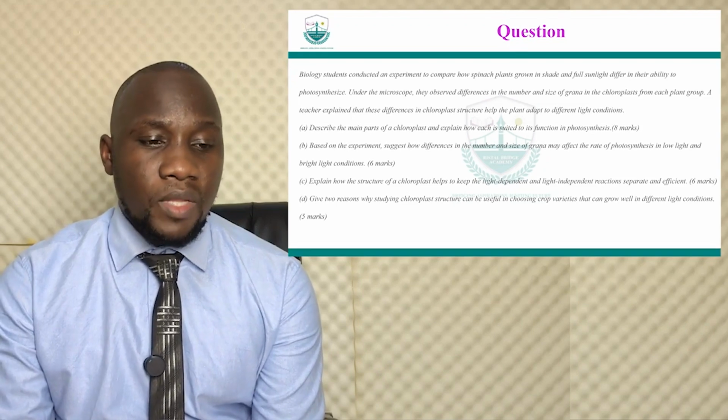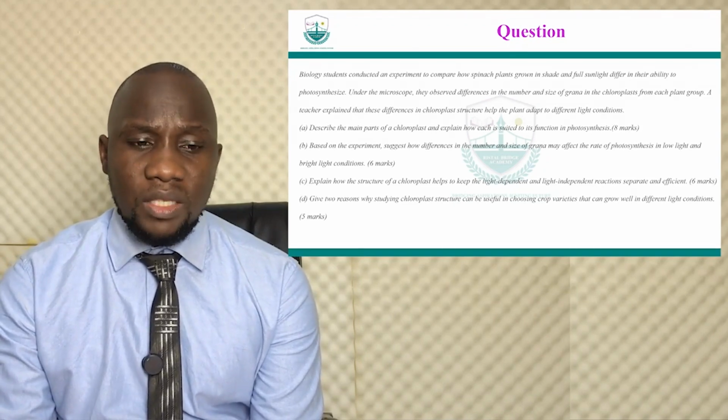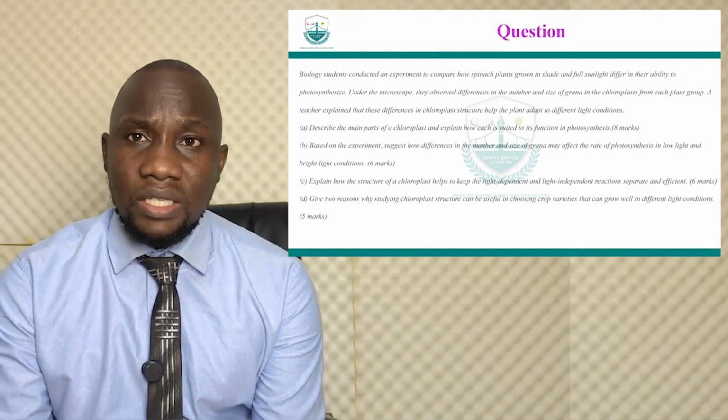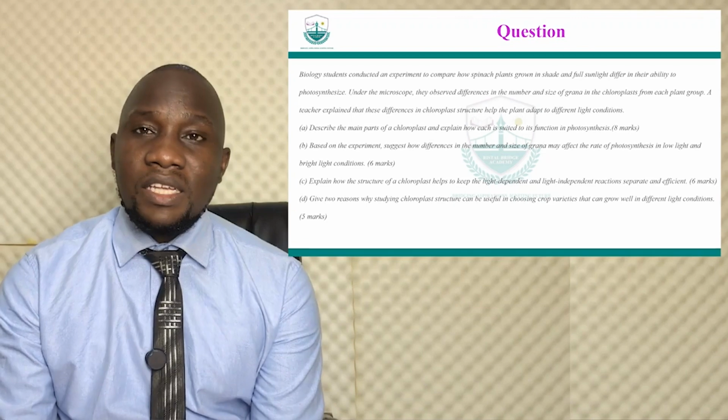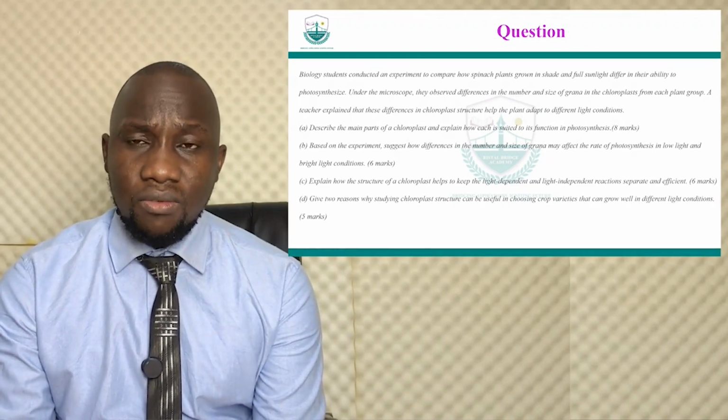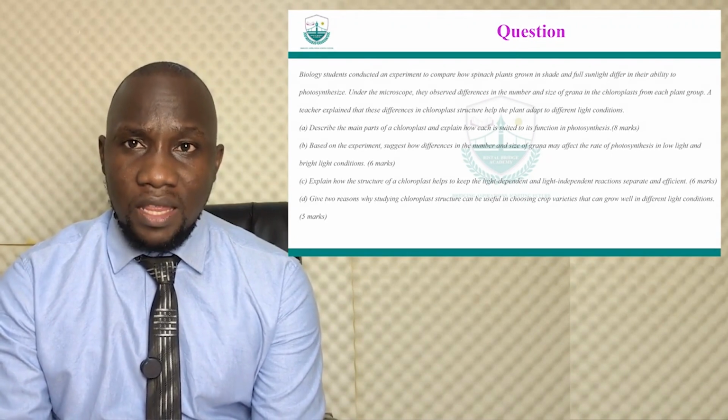And then question B is that based on the experiment, do you think there will be differences that they will actually notice, whether in terms of size and number of the grana? Will there be anything that you would expect to see there?